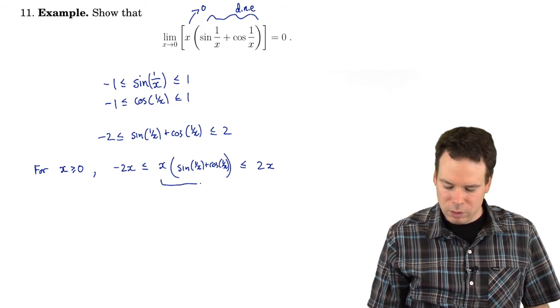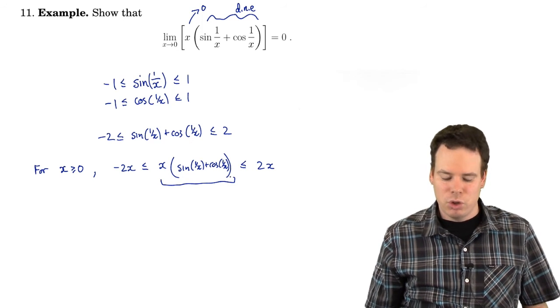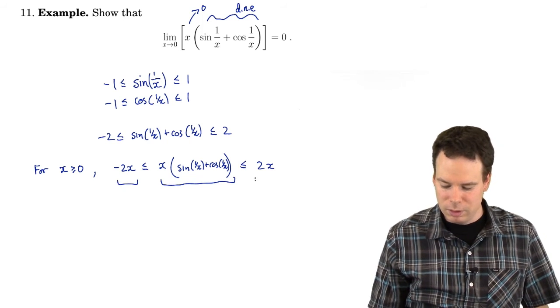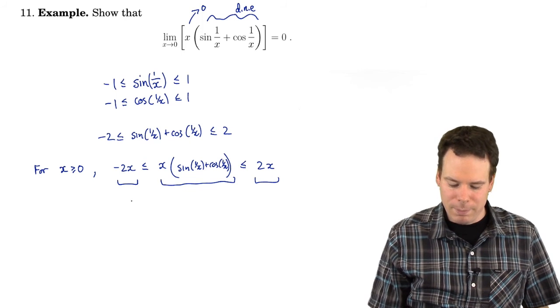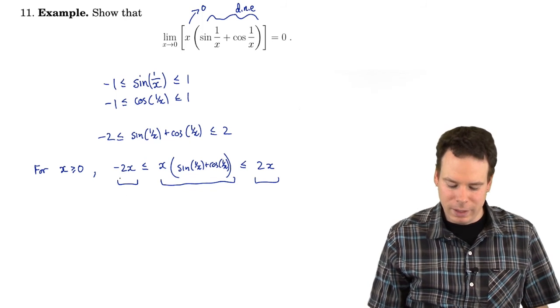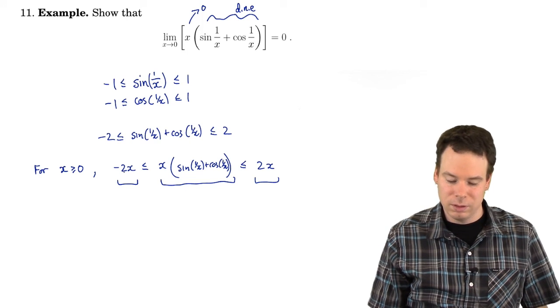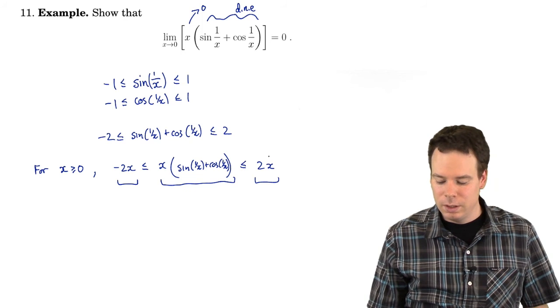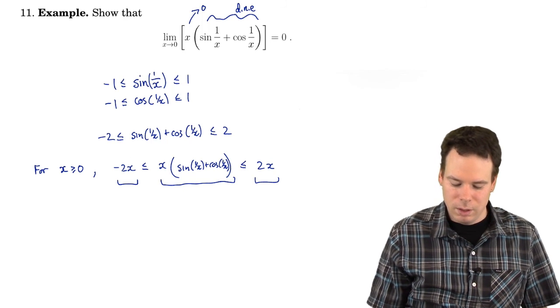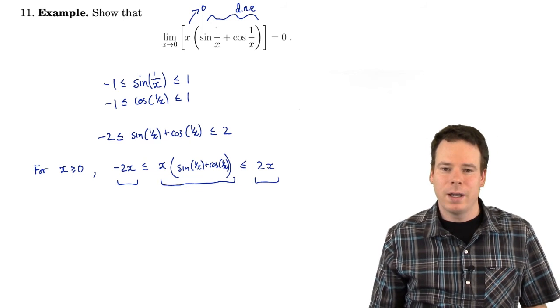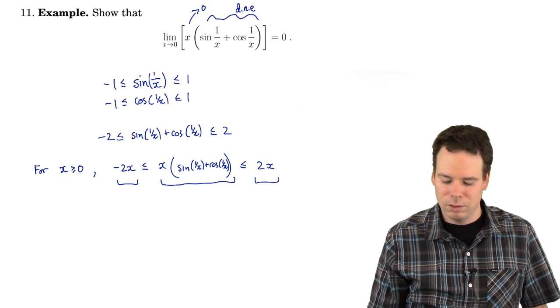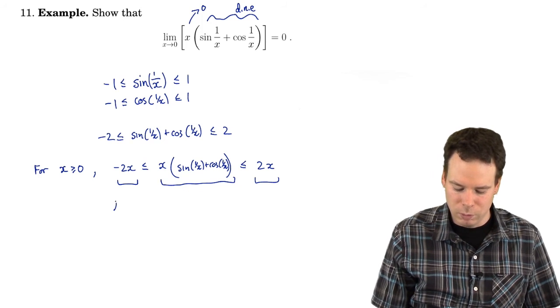I've got the function I'm trying to find information about trapped between two other functions. What happens as x goes to 0? Well, as x goes to 0, this first function, negative 2x, gets close to 0. The limiting value is 0. The limit as x goes to 0 of 2x over here, that's 0. So both the function below and the function above are heading to 0 as x goes to 0. So the thing trapped between them must also go there as well.